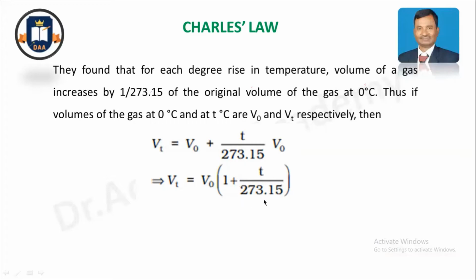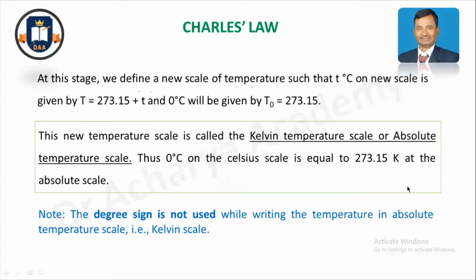Roughly we can write 273 for convenience of describing it, but the accurate number is 273.15. So we can define a new scale of temperature because of this value 273.15.